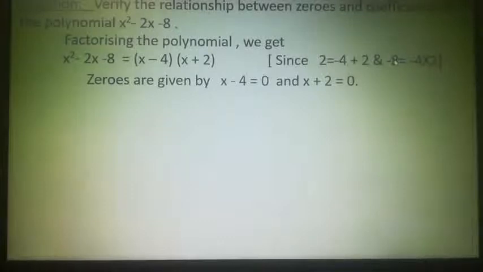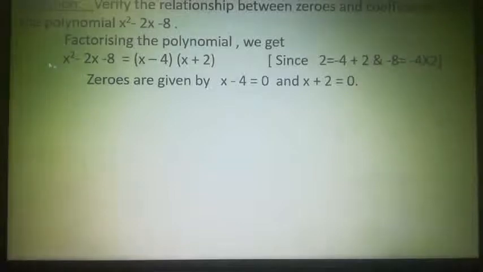So negative 8 can be written as negative 4 into positive 2. And the sum of negative 4 and positive 2, pardon, it is negative 2, minus 2 is equal to negative 4 plus 2. So we get the two numbers negative 4 and positive 2.